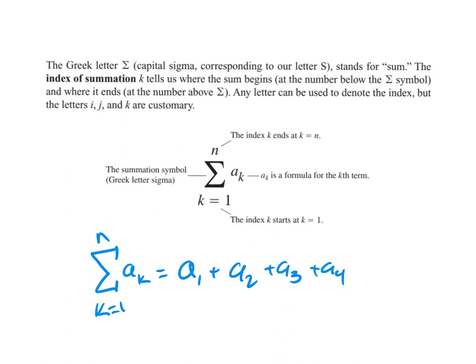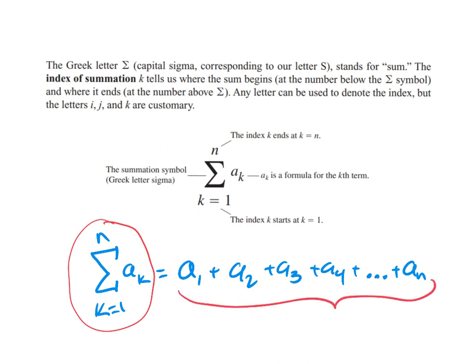Now, we don't really know what n is, so I'm just going to use the old ellipses here, which is 3 dots, meaning the pattern continues, and eventually we get to a sub n. And this sigma notation is a concise way to write out this sum.